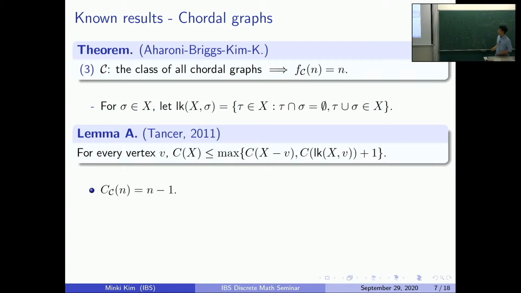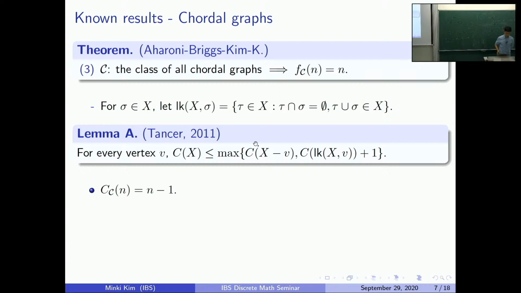And Tancer showed that for every vertex v of X, the collapsibility number of X is at most the maximum of the collapsibility number of X minus v and the collapsibility number of the link of v plus 1.